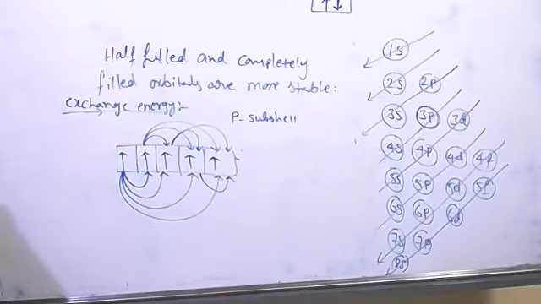Okay, here is one question, answer this. Quantum numbers of 6 electrons are given below.